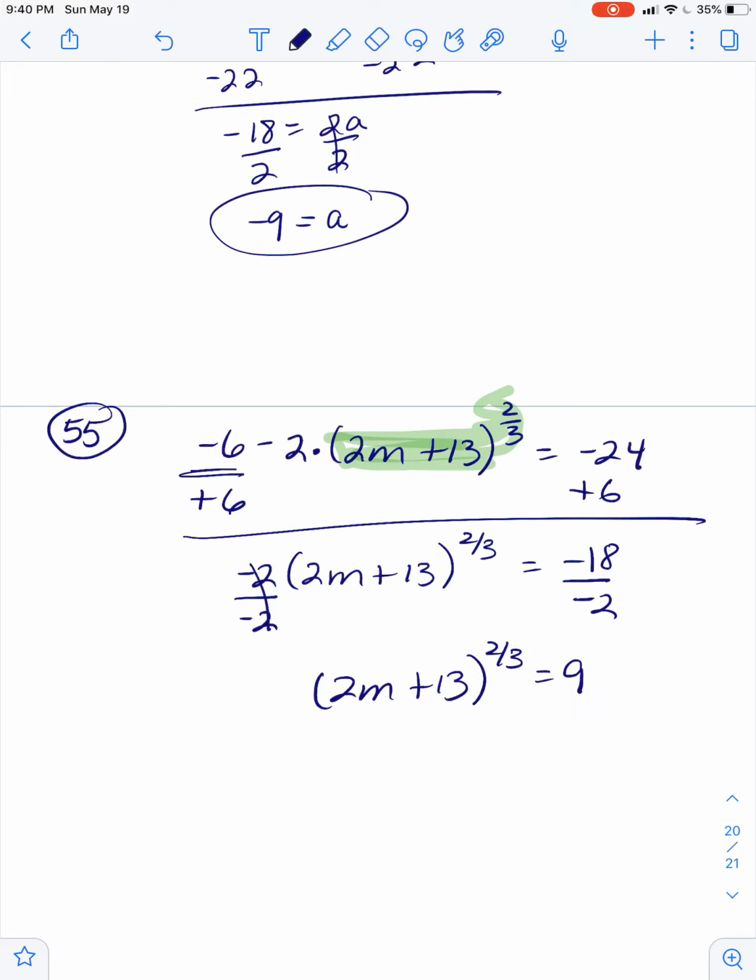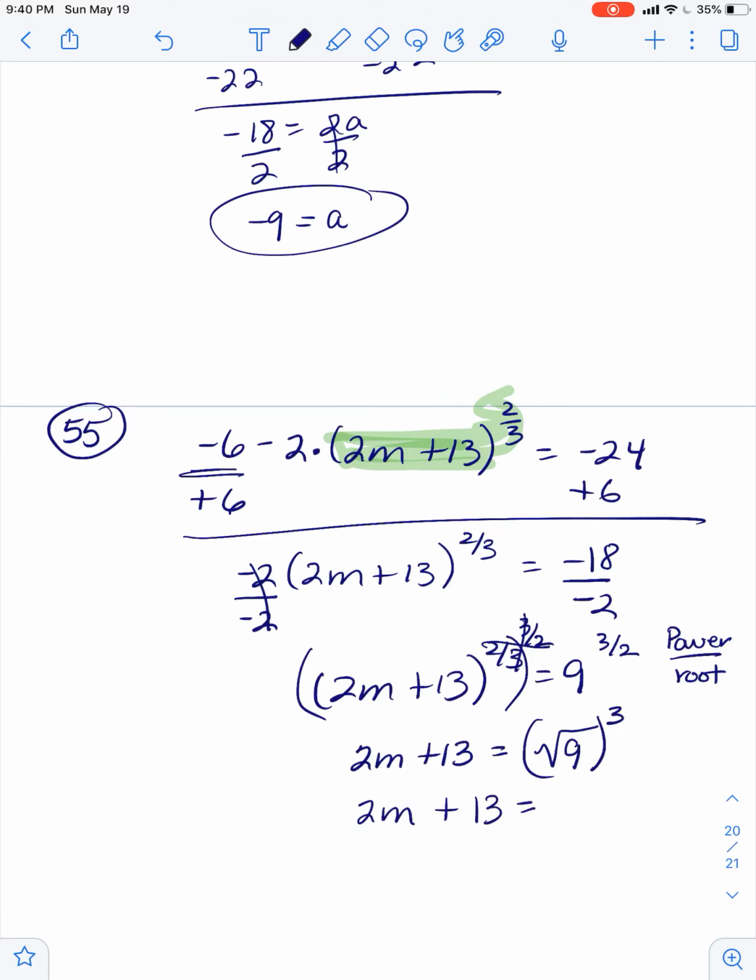And then our final step is to do the reciprocal power. So we're going to take this to the 3 halves on both sides. Okay, so 2/3 times 3 halves, that cancels. I'm left with 2m plus 13. And then on this side, what this again means is our power over our root. And so I am going to take the square root of 9 and then cube that number.